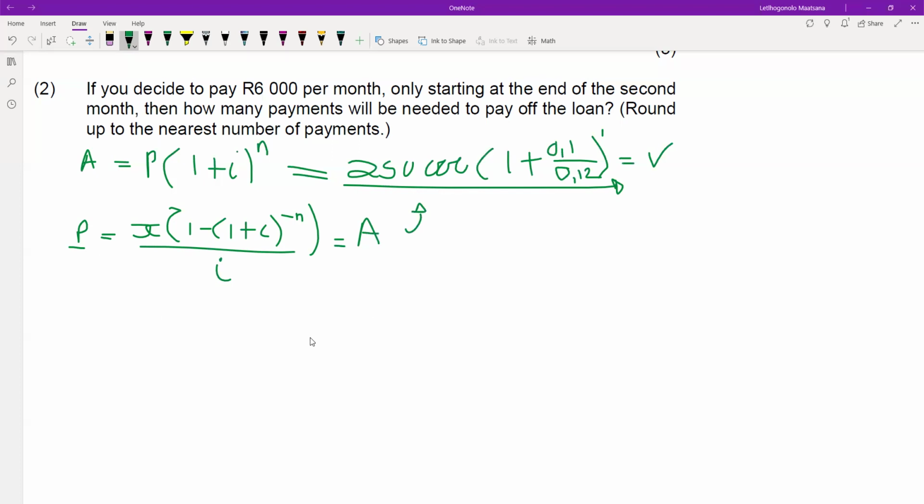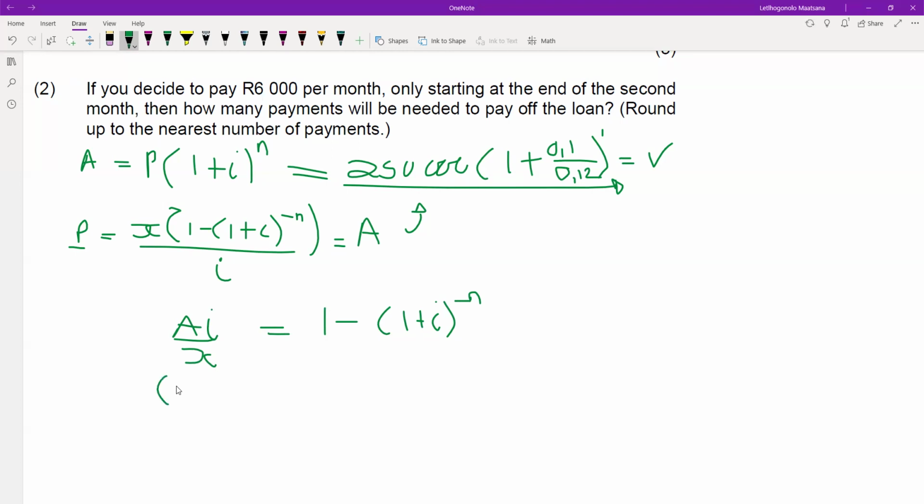Let's simplify our equation. I'm going to multiply both sides with I and divide by X. So I'll have I over X on this side, and on the other side I'll have 1 minus (1 plus I) to the power of negative N. Then the next thing I'm going to do is move that 1 to the other side.